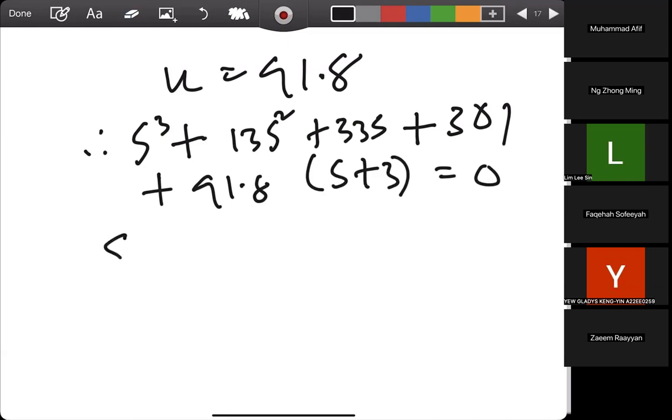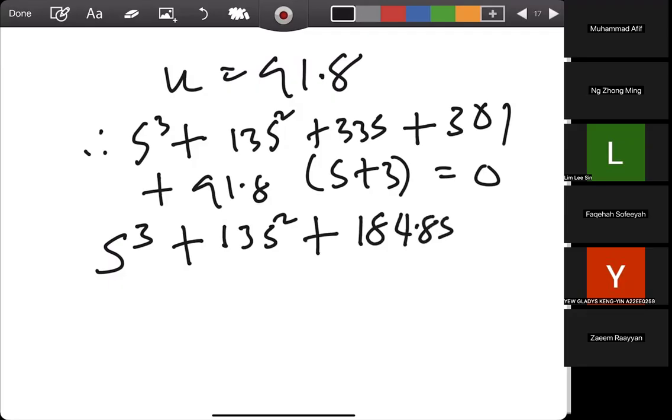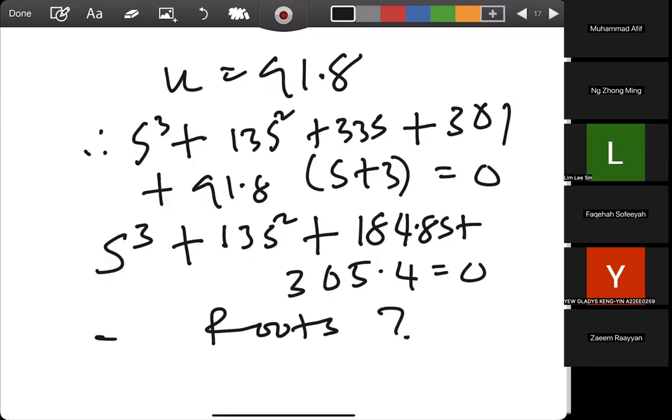Simplify, so you will get S cubic plus 13 S square plus 184.8 S plus 305.4 equal to 0. Okay, and then find the roots. Find the roots. Okay. So what is the roots? Help me.